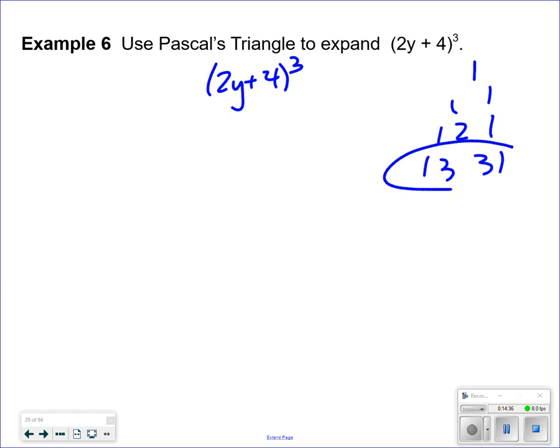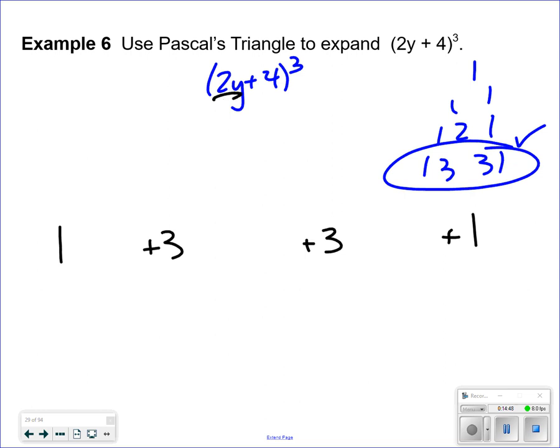All right, your last one here. I have (2y + 4) raised to the third. So now, I will give you Pascal's triangle, by the way. That is the row that I'm looking for. So now, writing this down, 1 plus 3, another plus 3, and a plus 1.